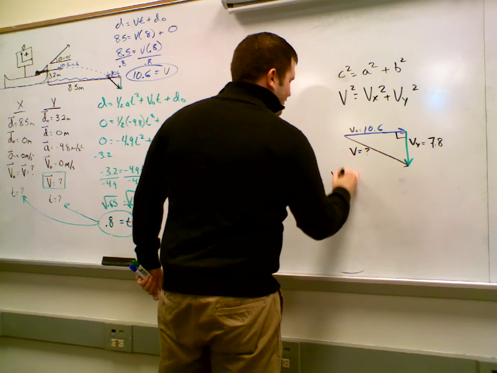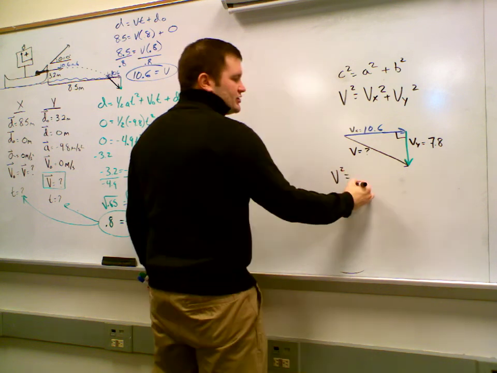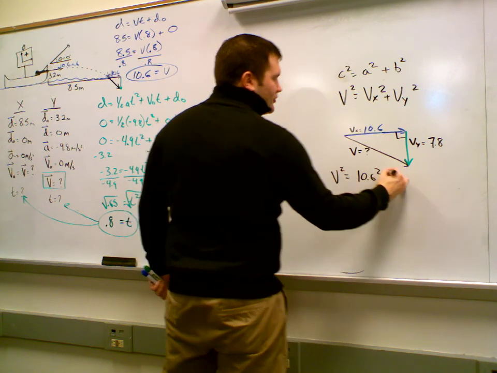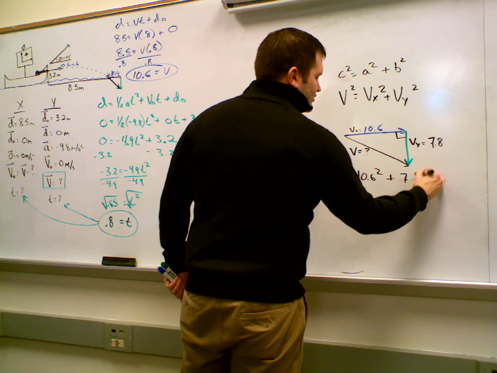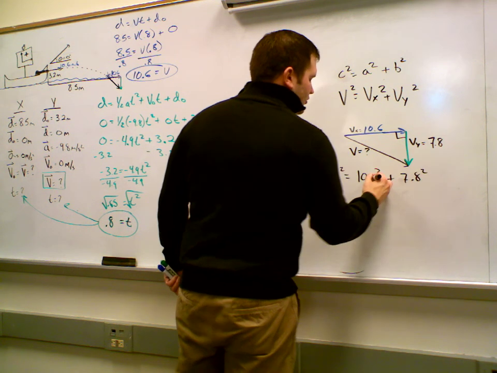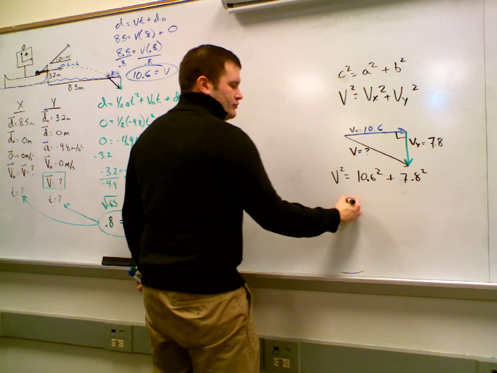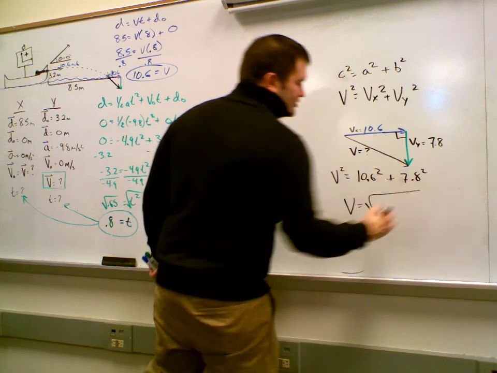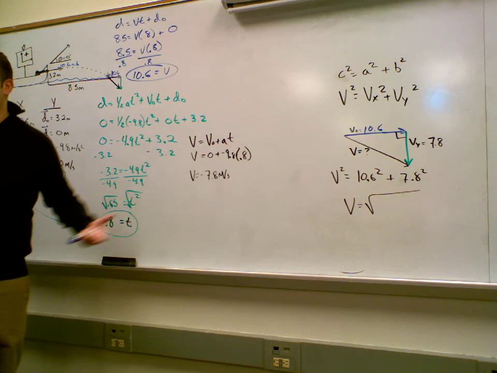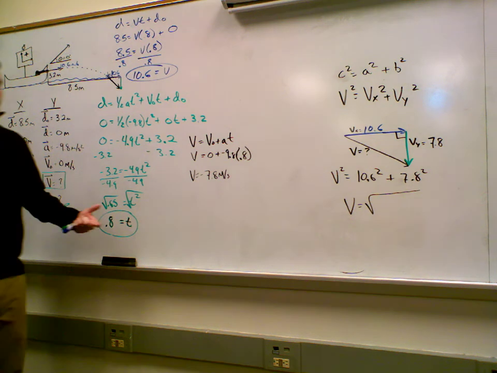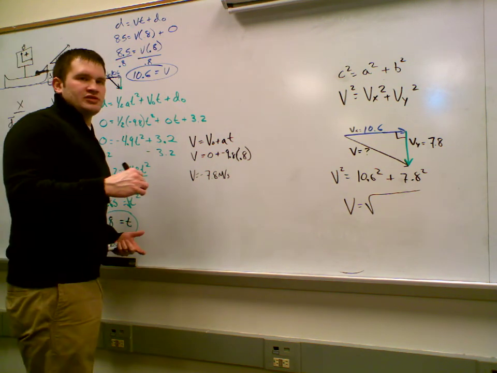All right. So V squared equals 10.6 squared plus 7.8 squared. So V equals the square root of 10.6 squared plus 7.8 squared. The answer is 13.16.